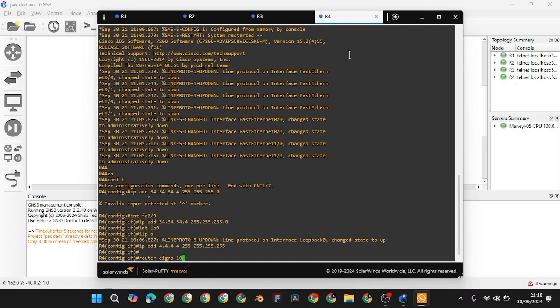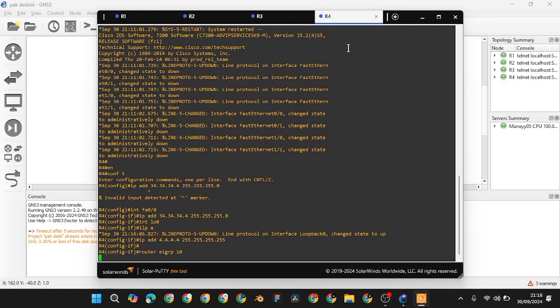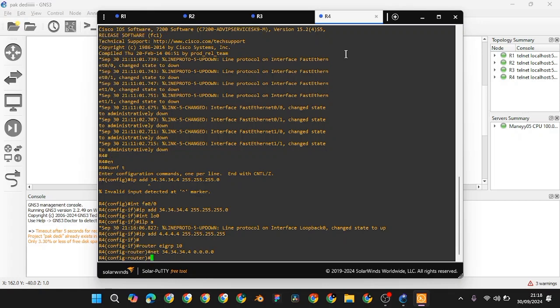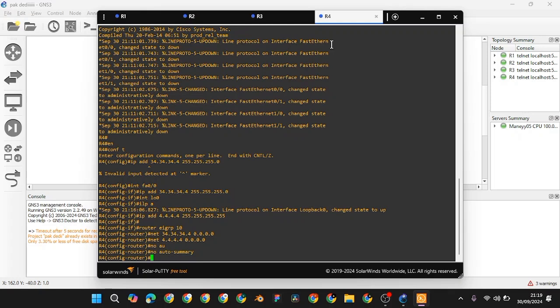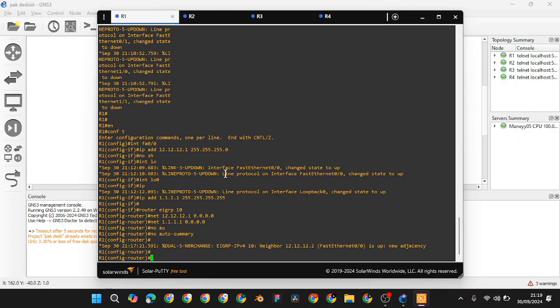For the last router, the fourth router, router EIGRP, the network is just two, for its own network and the neighboring one, and don't forget to add no auto-summary.